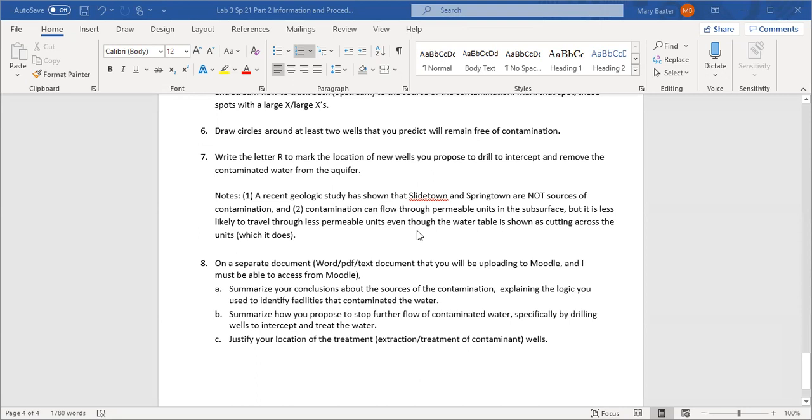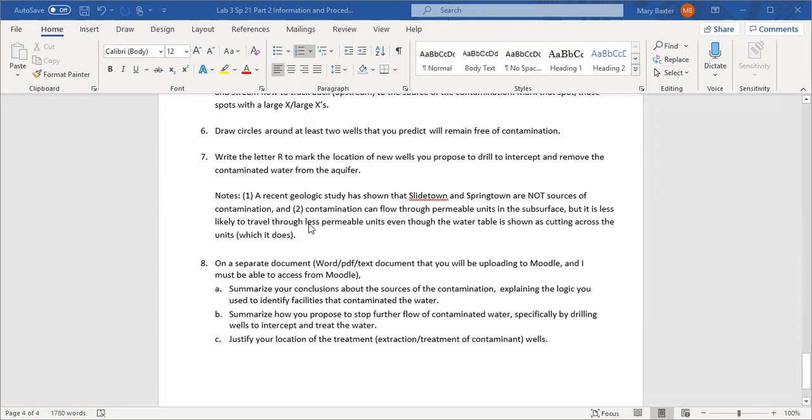But in figure one, the northwest corner of that block diagram was actually a block of granite in the subsurface, and granite is crystalline, so it's relatively impermeable. I think that is something to consider, but of those two things in the notes, the fact that Slidetown and Springtown are not sources of contaminant is the more important one for you to keep in mind, okay?